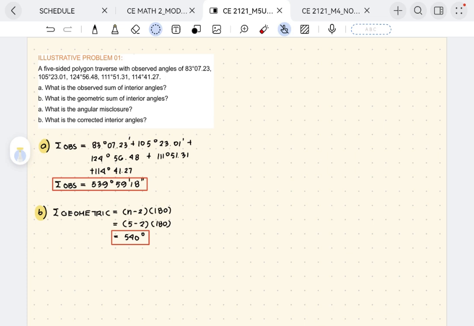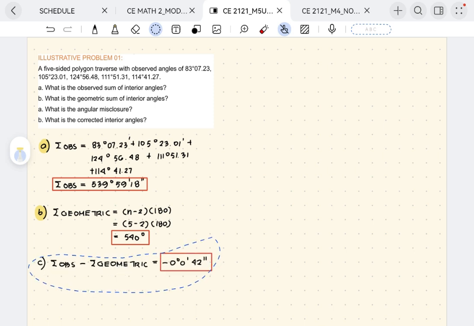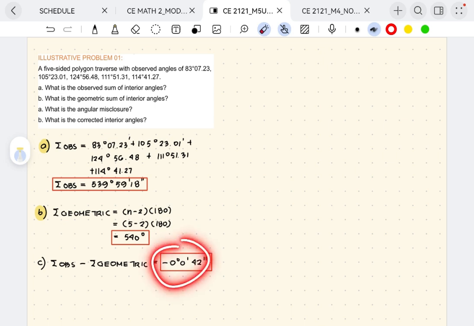Letter C, what is the angular misclosure? The formula for the angular misclosure is simply the sum of observed angles minus your geometric sum. So here, 539 degrees, 59 minutes, and 18 seconds minus 540 degrees, we are given negative 0 degrees, 0 minutes, and 42 seconds.